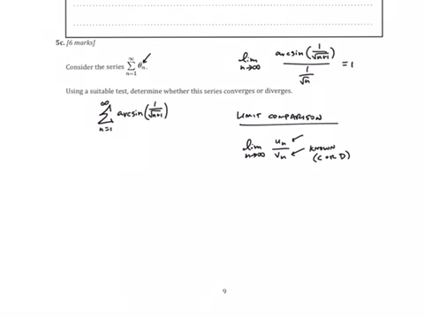This is unknown. I don't know what this sequence is going to do. But if, let's say, the known sequence is convergent and this limit comes out to be 0 or some finite number, then the two will act the same.